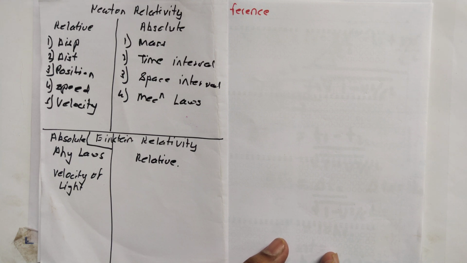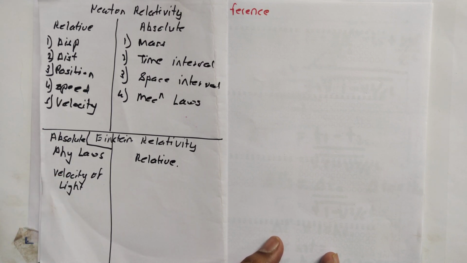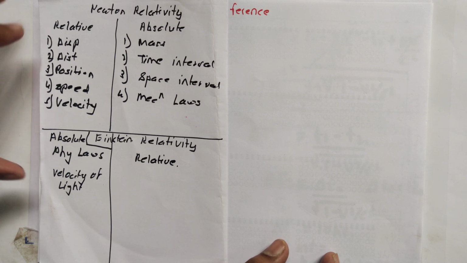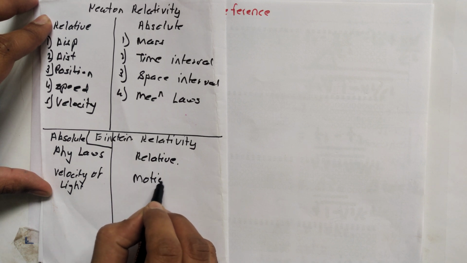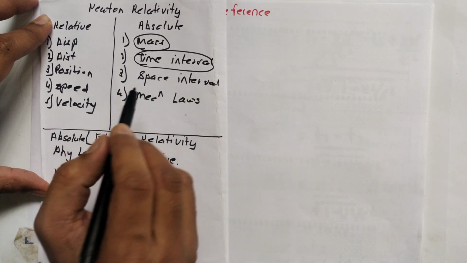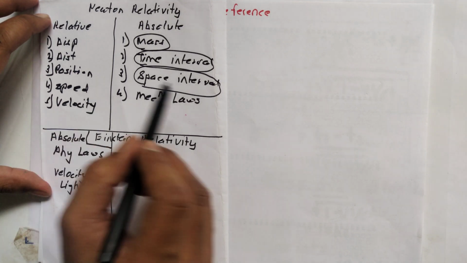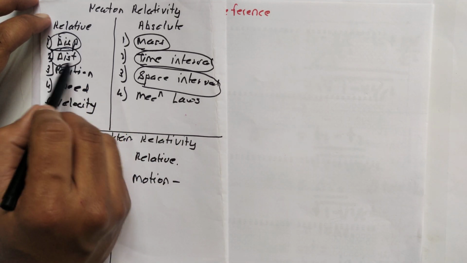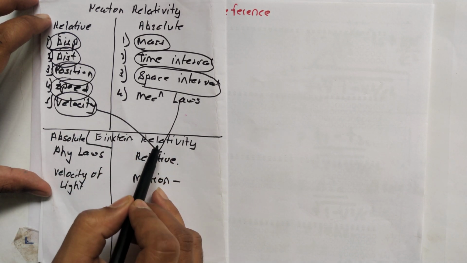Now what Einstein's principles tell us is that only two things are absolute, that is all the physical laws and velocity of light, that means independent of observers, whereas all the other things that are related to motion are relative, that is mass is relative, time interval is relative, space interval, that is length, is also relative. In addition to all these things, displacement, distance, position, speed and velocity, all these things are relative according to the two principles.